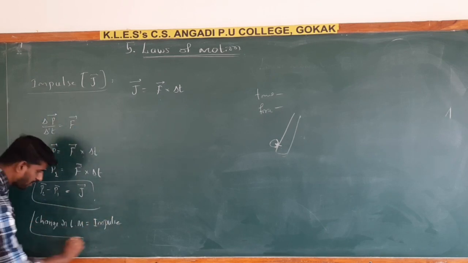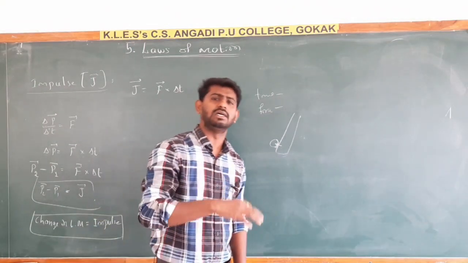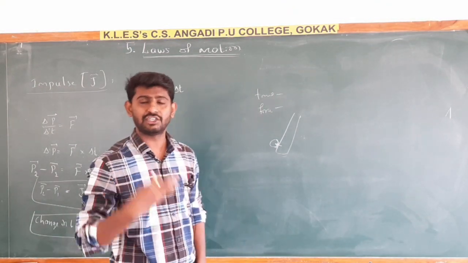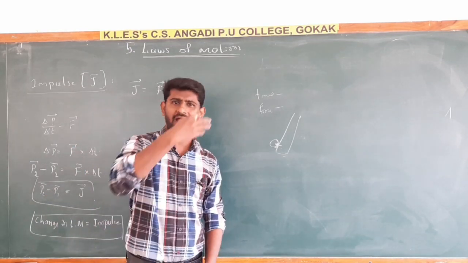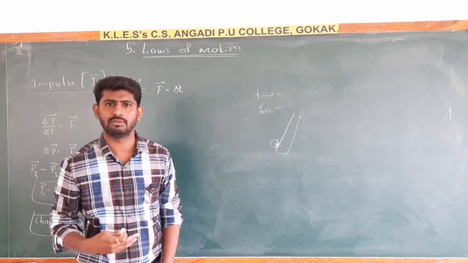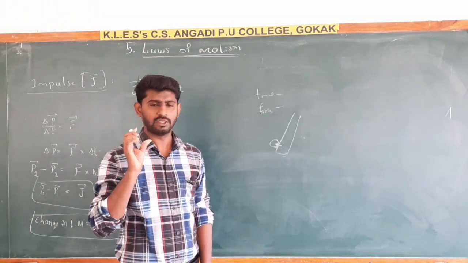This is a very important result. So what is the impulse? The change in linear momentum of the same body. So on a body, find out the initial linear momentum and the final linear momentum. Final linear momentum minus initial linear momentum will give you the impulse. Okay, so what is the impulse?